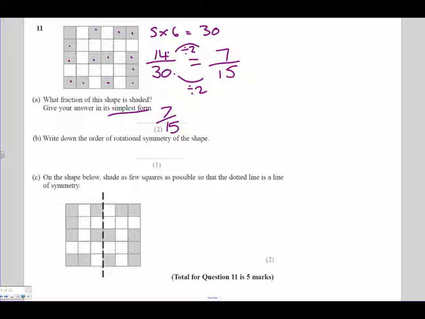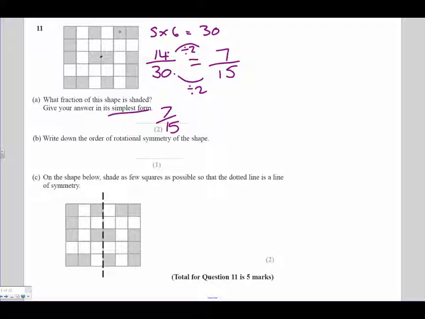Write down the order of rotational symmetry of this shape. So the order of rotational symmetry is sticking a pin in the center and spinning it round and seeing how many times it maps onto itself.